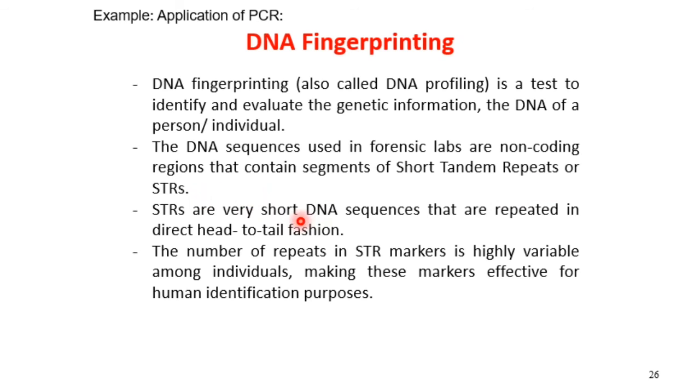This is a very short DNA sequence that is repeated in a head-to-tail fashion. The number of repeats of this STR marker is highly variable from one person to another. So this region, or this STR, is used as a marker for human identification purposes.